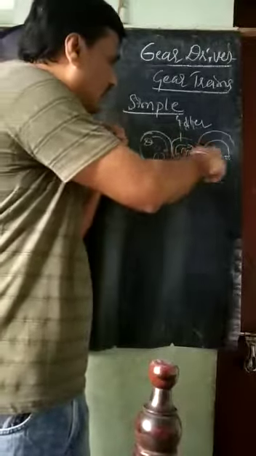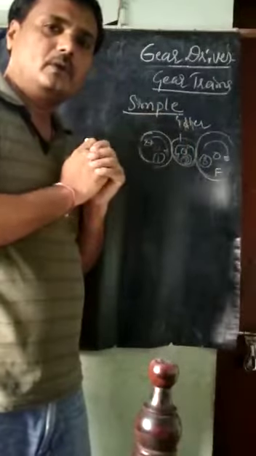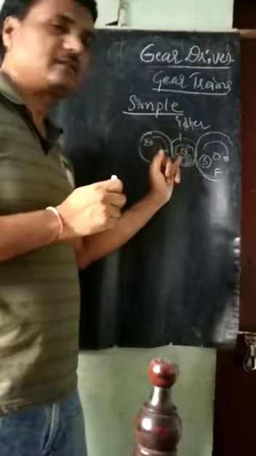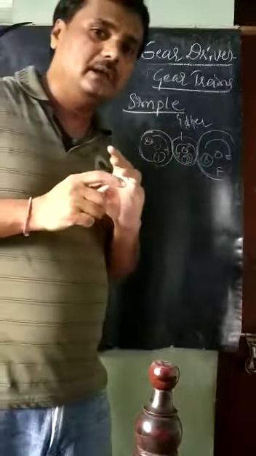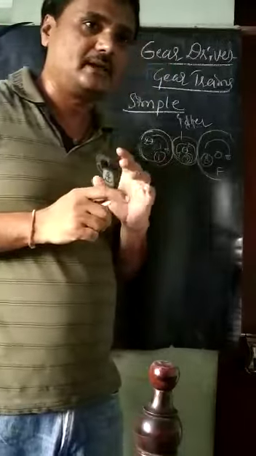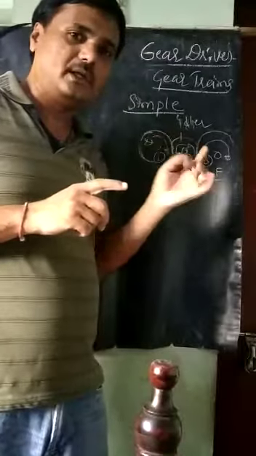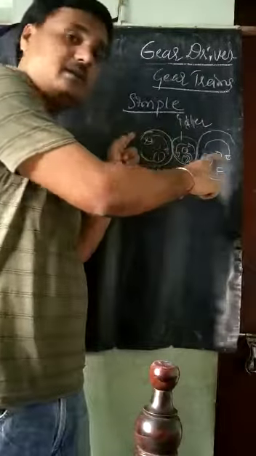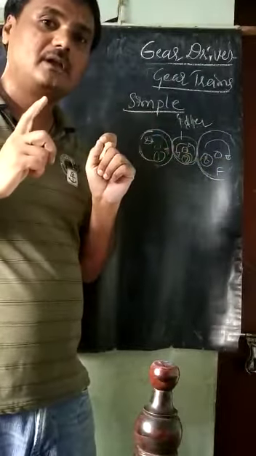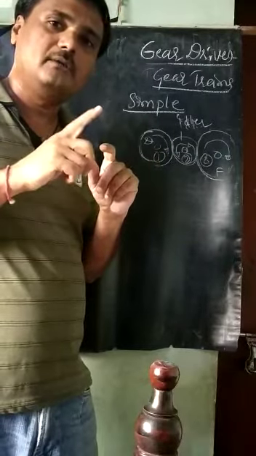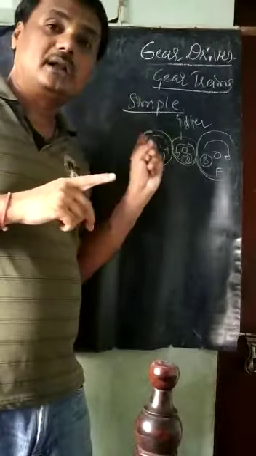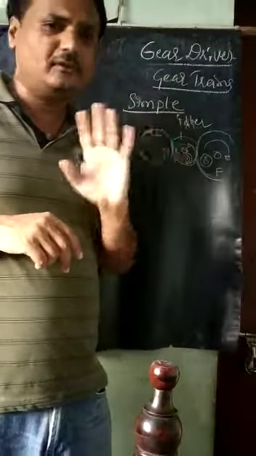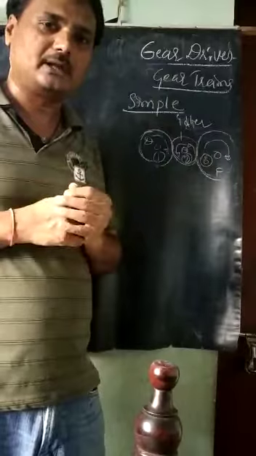If the idler gears in between the driver and follower are in an odd number, like 1, 3, 5, 7, then the driver and follower are rotating in the same direction. This is a rule.